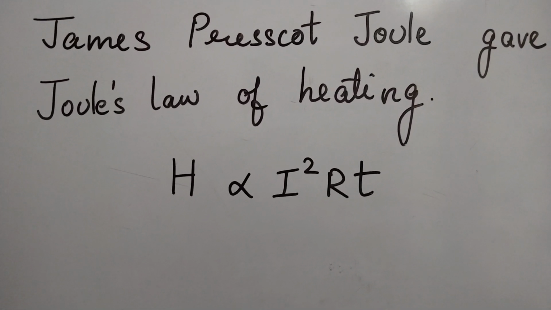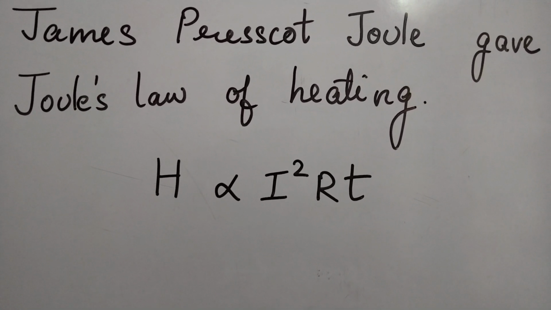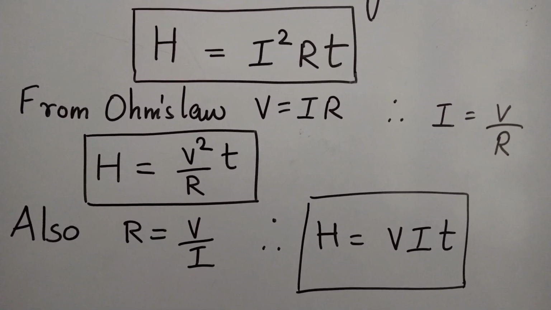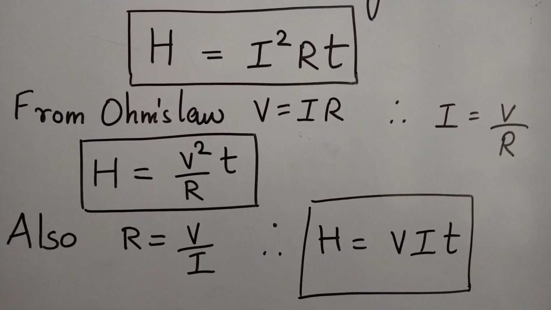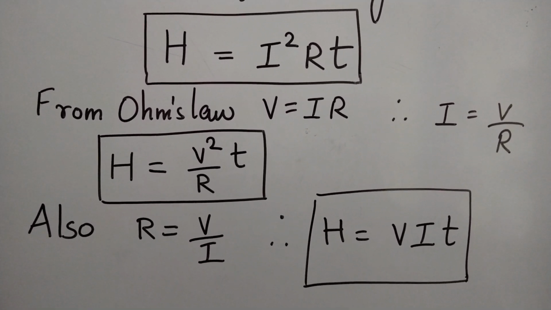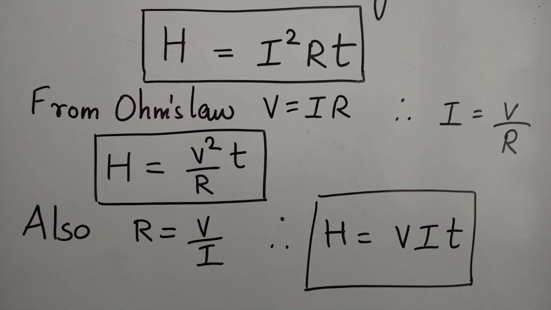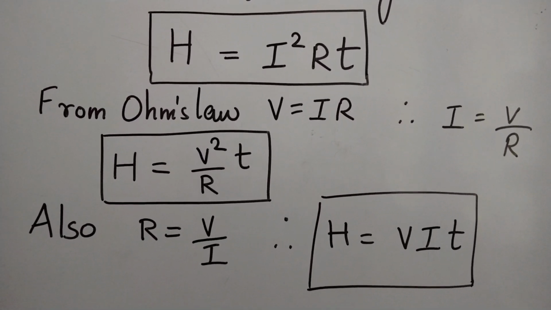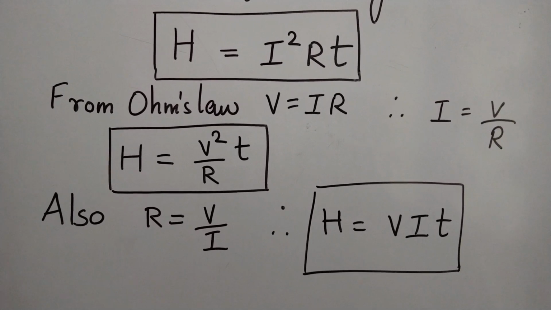The equation looks like this. H is proportional to I square RT. Now children, according to Ohm's law, we know V is equal to IR, and therefore I can be written as V by R. So with the help of this equation, we can modify the equation. H is equal to V square by R T. Also, if we write R is equal to V by I, then H can be written as VIT.